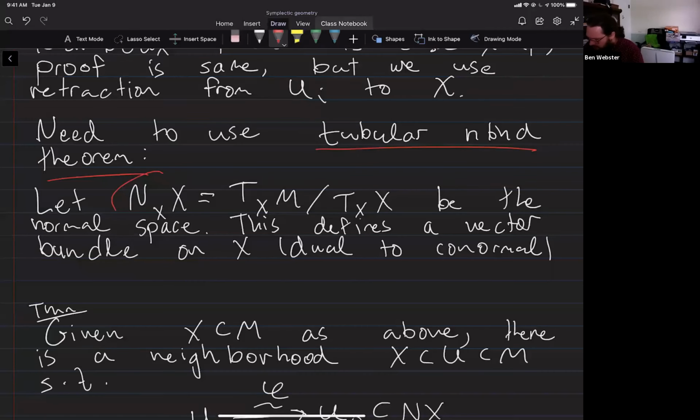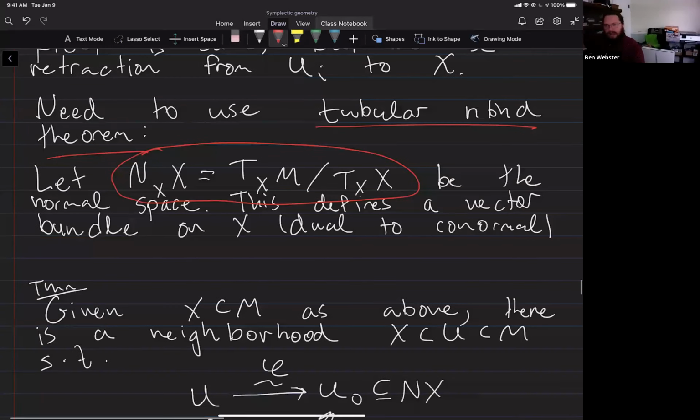So I look at the tangent space of my bigger manifold M and the tangent space of my smaller manifold X. I look at the quotient and I get a vector space that tells me what the perpendicular directions look like.